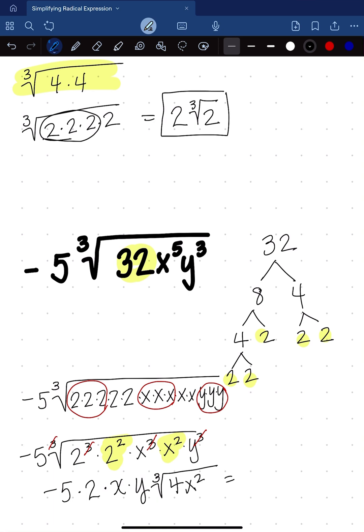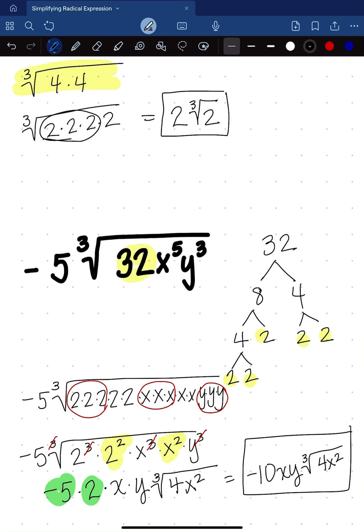So we can simplify more by multiplying our coefficients of -5 and +2, which is -10. And then we have an x and a y, and of course the cube root of 4x squared. I hope you found this helpful.